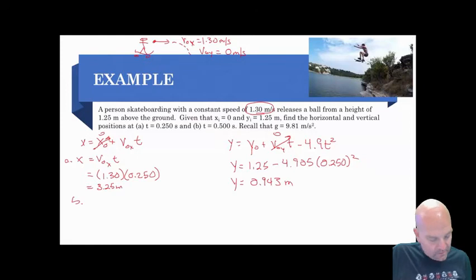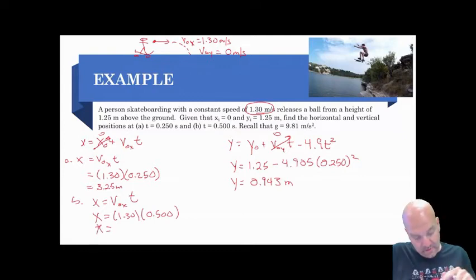Now part B, we're going to go out to 0.5 seconds. So again, it's going to be 1.30 times 0.500. Oh, I'm sorry, I messed up the first one. So the first one is 1.3 times 0.250.